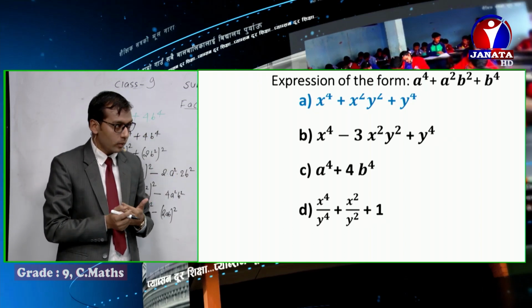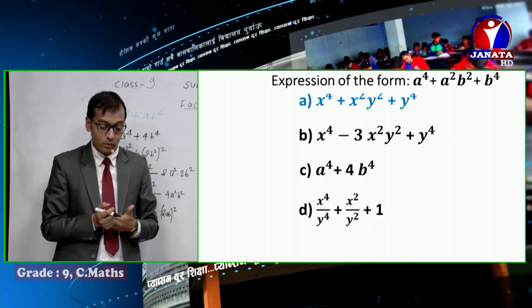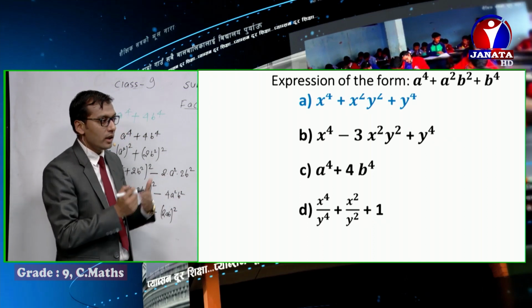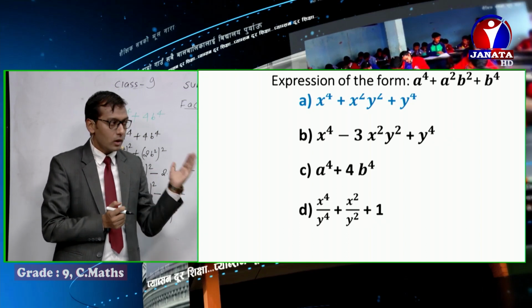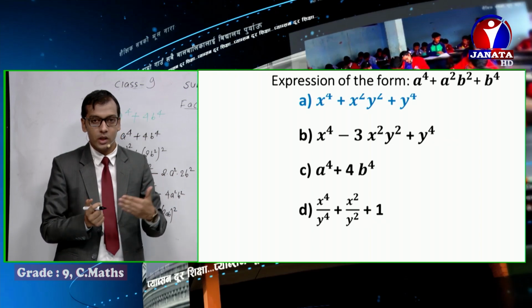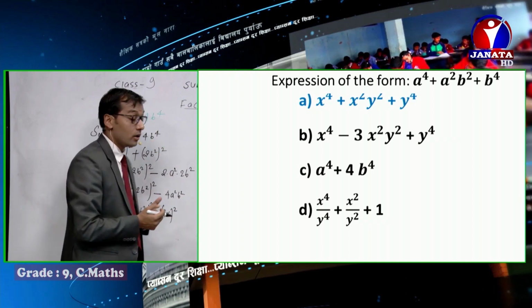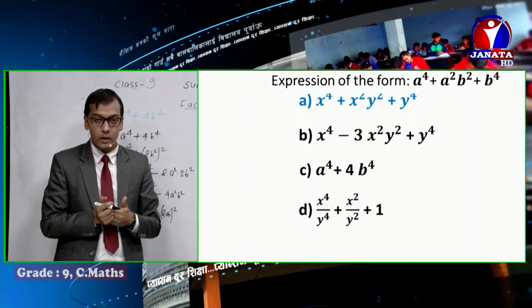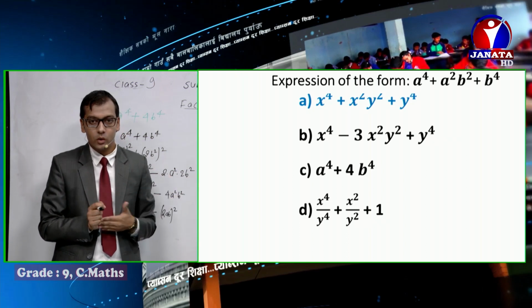It's x to the power 4 over y to the power 4 plus x square over y square plus 1. For this expression, we can arrange the first and third term together and convert into a square plus b square form, and then at the end, like in these questions, we can convert into a square minus b square form for this factorization. Let's try this question.